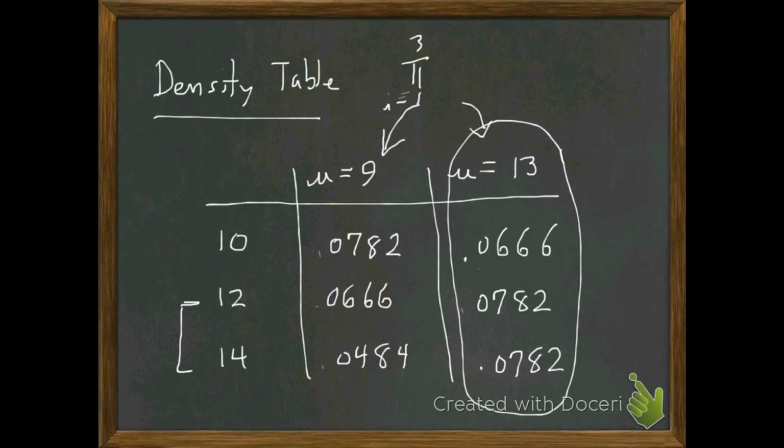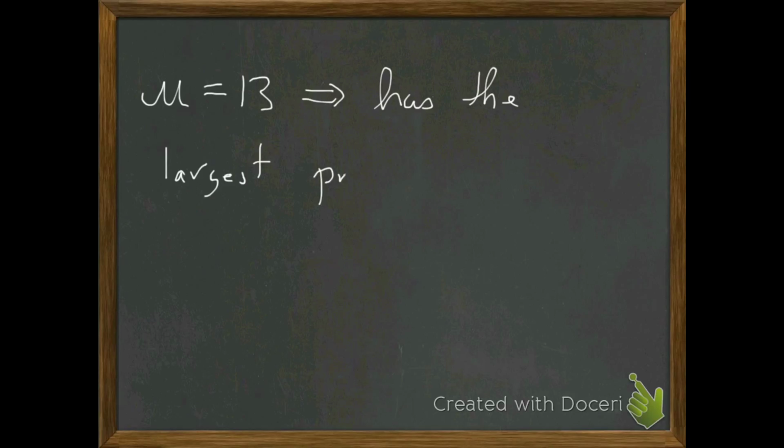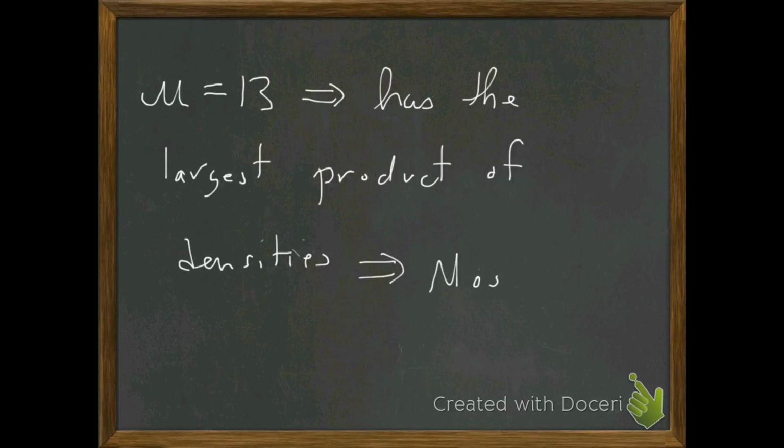So mu equal 13 has the largest product of densities. So it's most likely, considering only the values of 9 and 13.